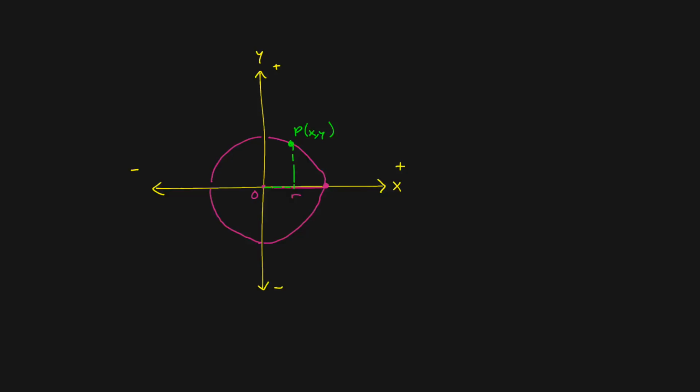So from O to P, which is your terminal ray, you have some angle theta to your standard position, which is your positive x-axis. We could also look at the sides and say that the terminal ray was r, and your x and y can just be written as x and y.